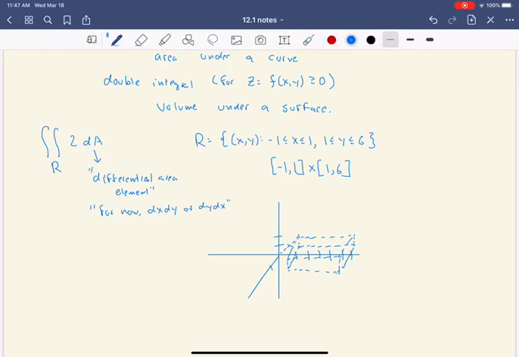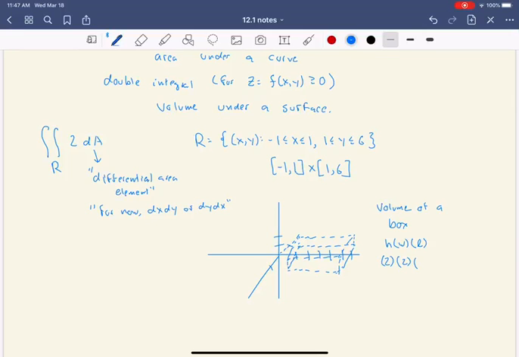Okay? So, if we think of this as the volume of a box, it's going to be height times width times length, which will take our height to be 2. Width, we'll take that to be 2 as well, from the -1 to 1.